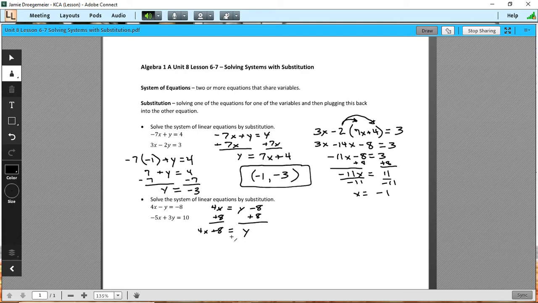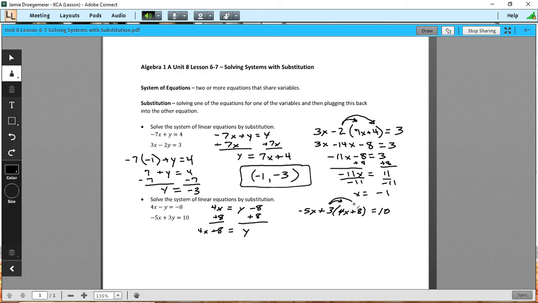So I know that y is equal to 4x plus 8, and I can use that in the second equation. I have negative 5x plus 3y, and in place of the y, I'm going to use 4x plus 8. That equals 10.